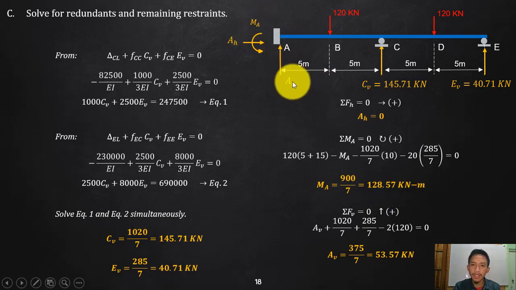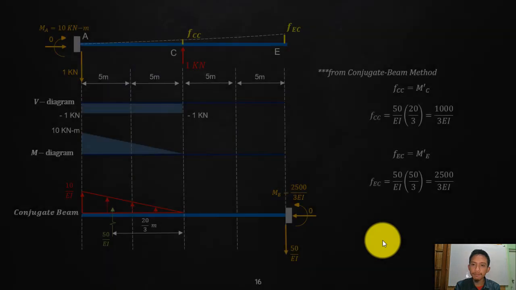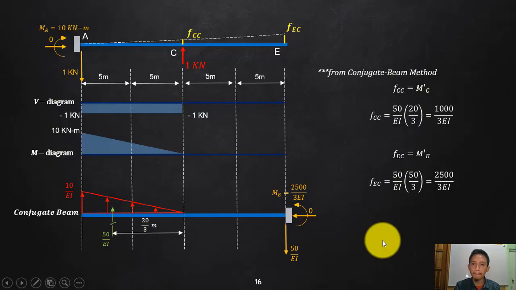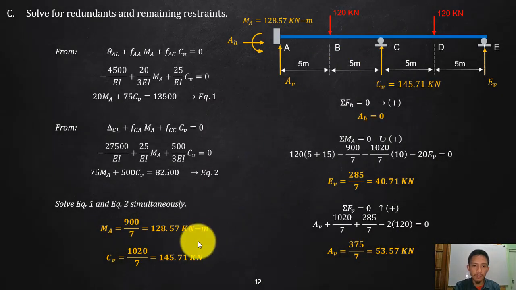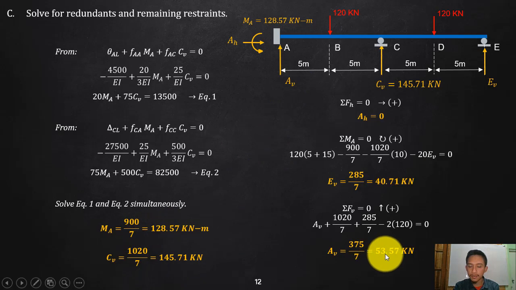And of course, remaining is AB, summate that one vertically, and then solve that one, that is 375/7, that is 53.57. 128.57, 53.57, let's check. Okay, so M is 128.57, we're good, and then AB is 53.57. Okay, the same.